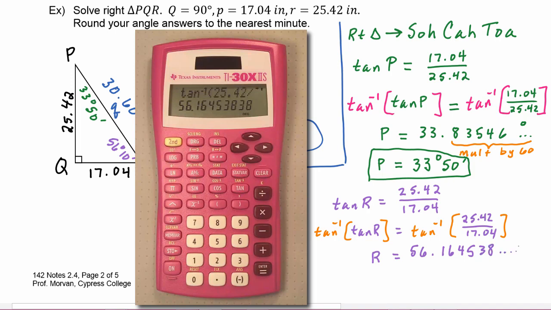56.164538, etc. Now, we know we have to round to degrees and minutes. We know that's going to be 56 degrees, and we know, as before, we're going to have to multiply the decimal part by 60.